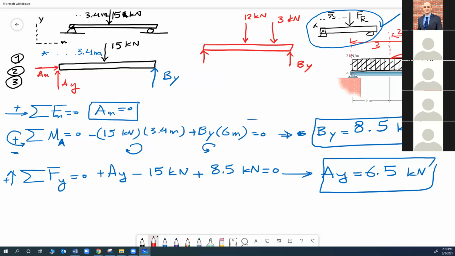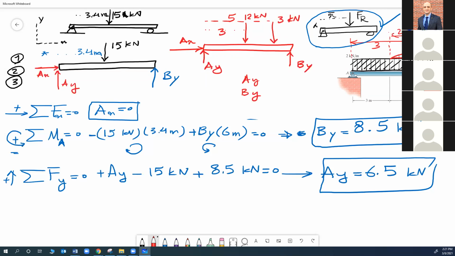So try to do this one as a little practice and see if you get the same answers. Because remember, I keep telling you, these are all equivalent, meaning they are the same thing. We just move the forces around. This was 3, this was 5. So just do this on your own time and see if you get the same AX. Well, AX is the same, you can already see. But let's see if you get the same AY and BY, and if that makes sense. All right.